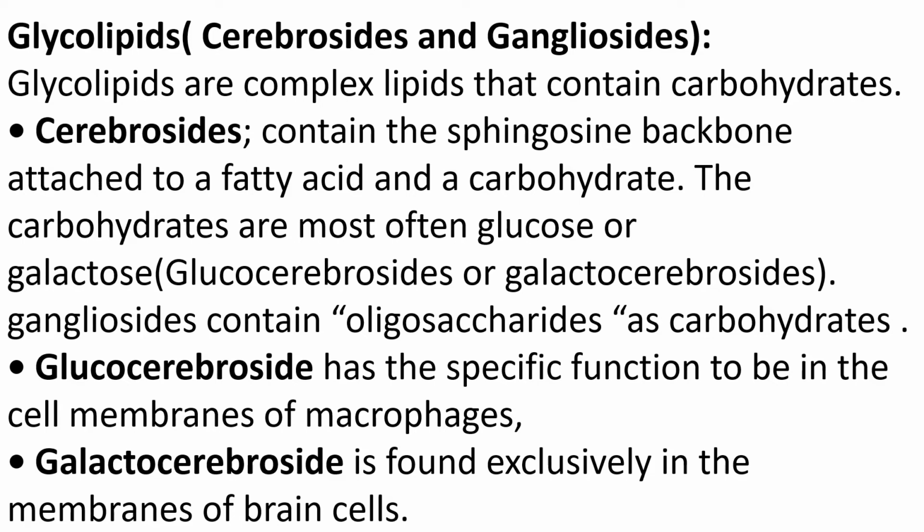So cerebrosides are ceramide plus monosaccharide. Glucocerebrosides have a specific function, especially in the cell membrane of the macrophages, whereas galactocerebrosides are found exclusively in the membranes of the brain cells. So they have a special function, especially in the brain cells.